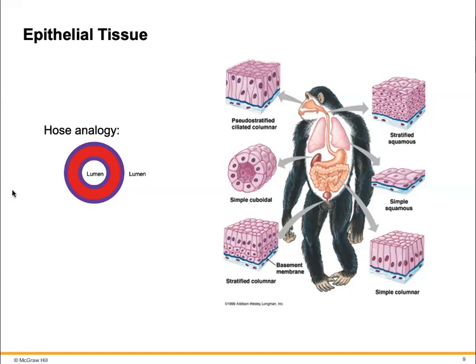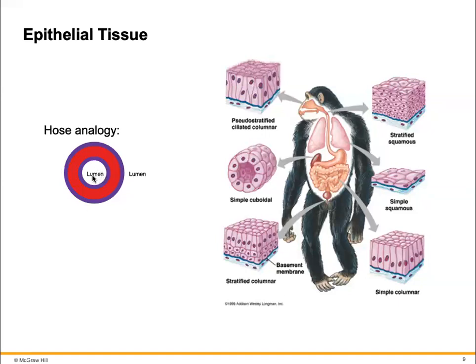So the other terminology that we reference when we're dealing with epithelial tissue is the fact that epithelial tissue, because it is a lining, has one side of the tissue exposed to the internal or external environment, and that's referred to as the apex.